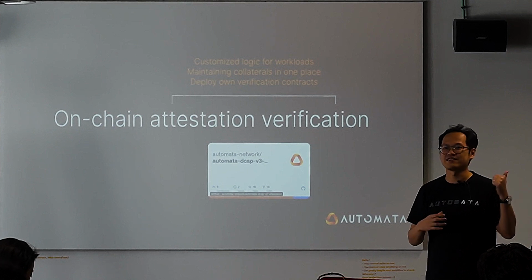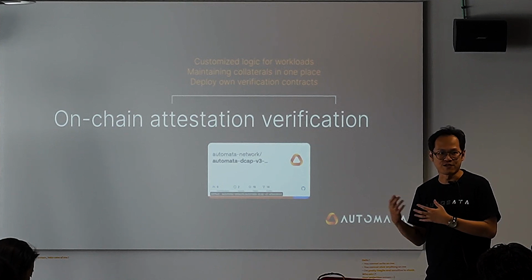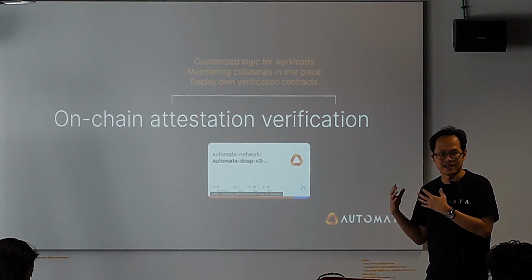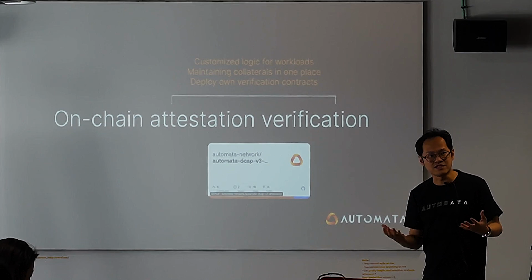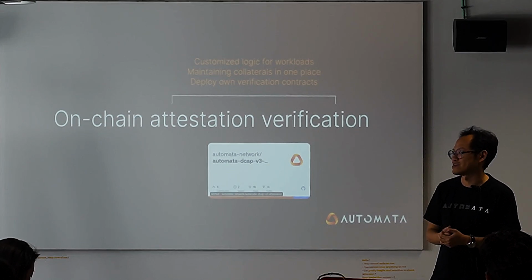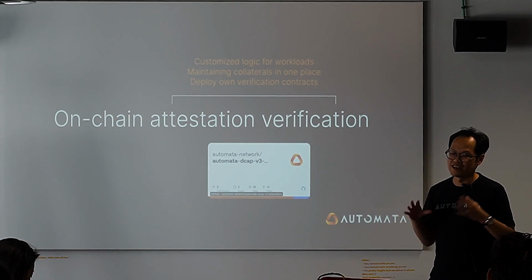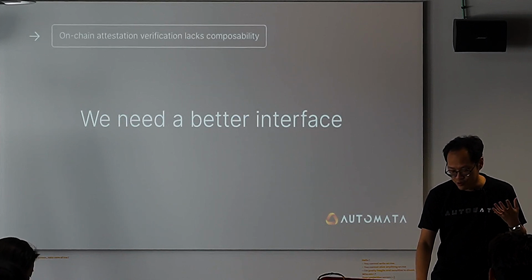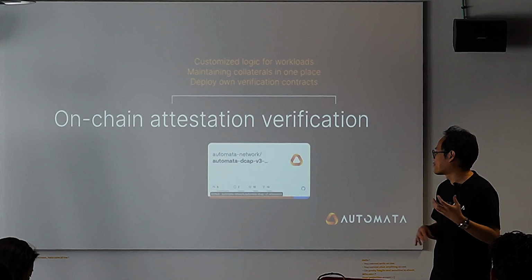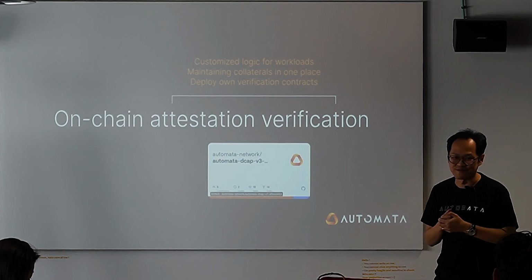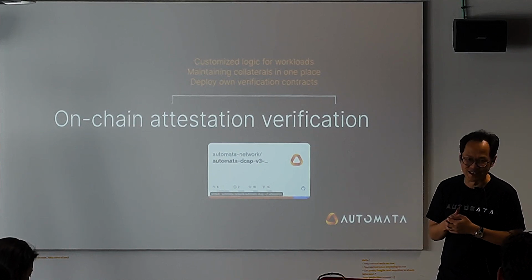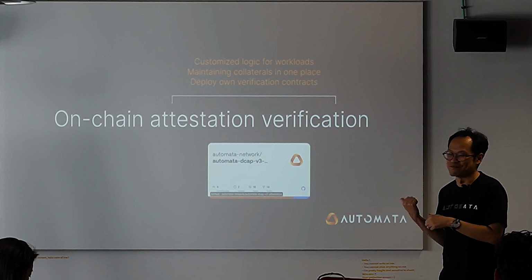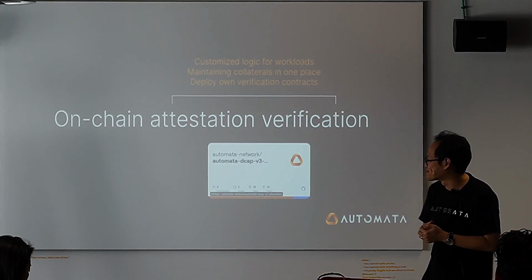So the first thing, let's say you want to do verification of the DCAP attestation on Ethereum or any of the EVM chains, then we need a Solidity-based verifier. And so we actually wrote an on-chain verifier, called the Automata DCAP V3. I know it's a very boring name, but I'm really bad at it, so this would have to do.